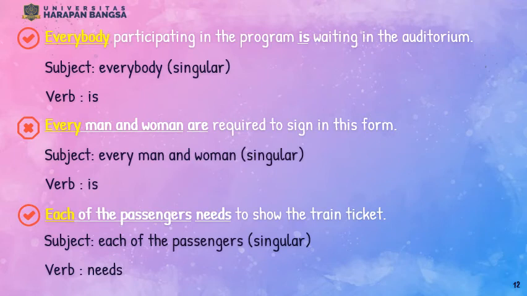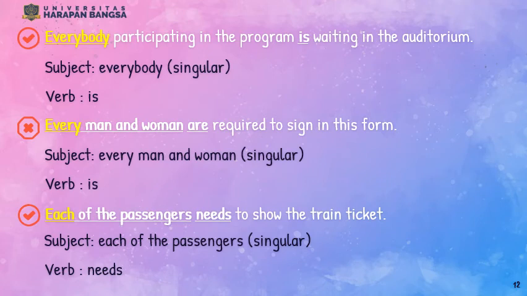Jika ada subjek yang diawali dengan kata every, maka subjek itu selalu dianggap tunggal atau singular. Jadi meskipun di sini ada man and woman yang berarti dua orang, tapi karena di depannya memakai kata every, maka semuanya dianggap tunggal. So, the verb that you use is not are, but is. So the sentence is incorrect.